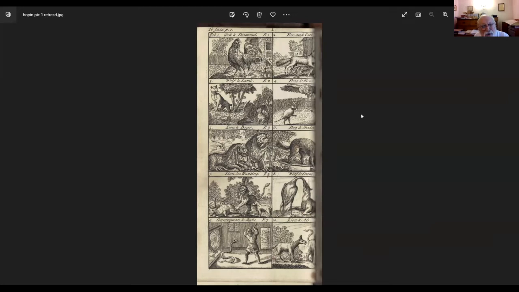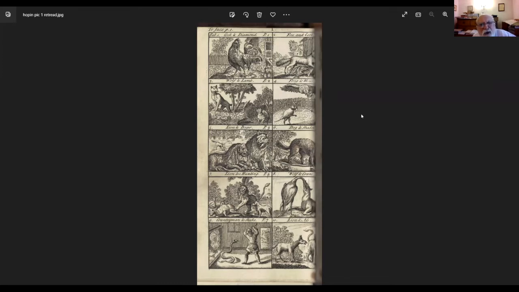He wrote 240 fables, but illustrated them with 120 etched plates of this kind. And as you see, there are 10 images to the plate. So 10 times 24 makes 240. There was also, in fact, an extra plate illustrating Aesop's life, which also had 10 etchings on it.